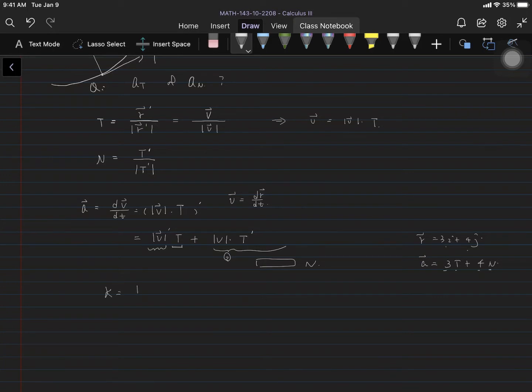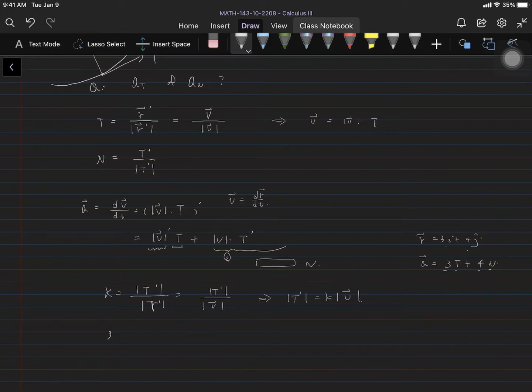K equals what? Curvature has the length of T prime. In the formula I gave you it is the length of r prime, but r prime is the same as the v vector. So from here we can find T prime length equals curvature times the v vector length.